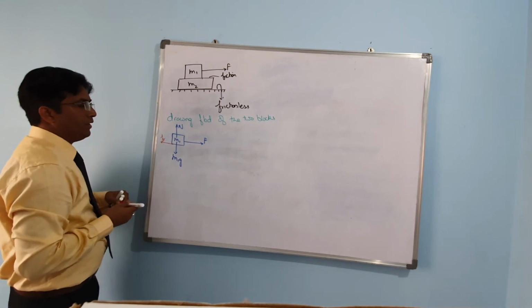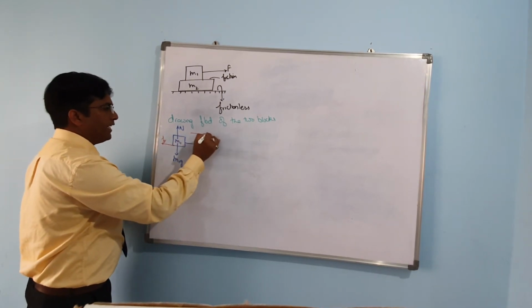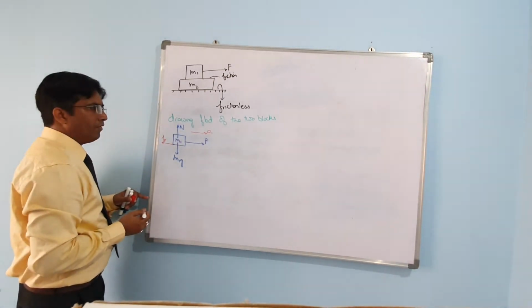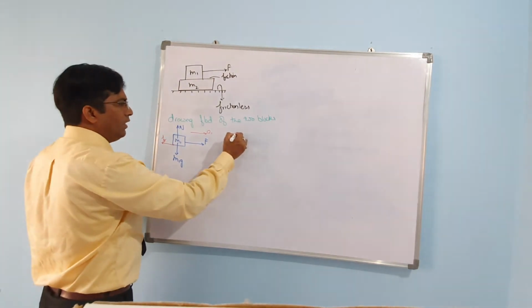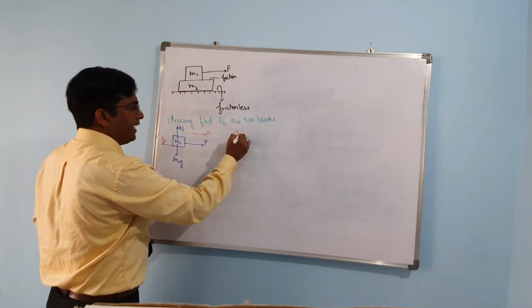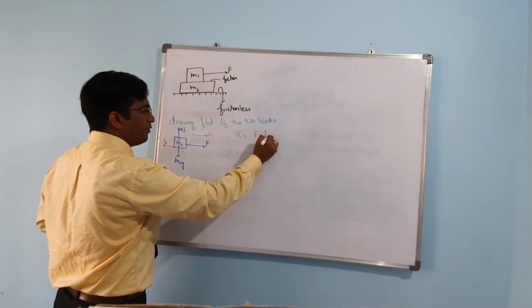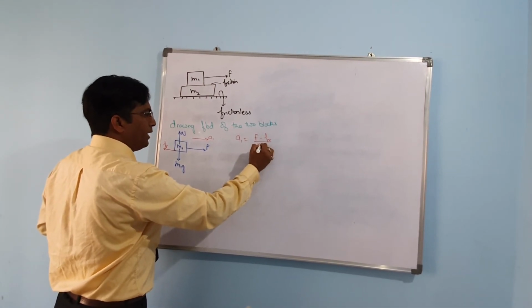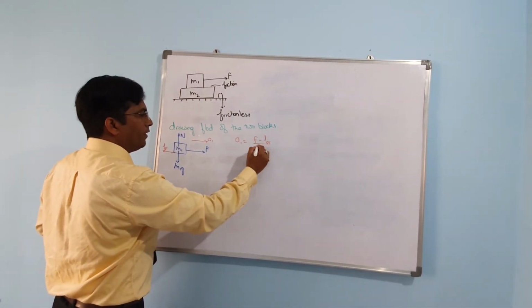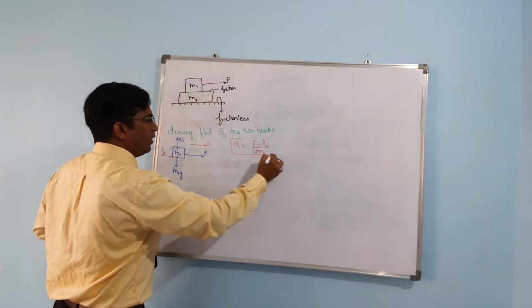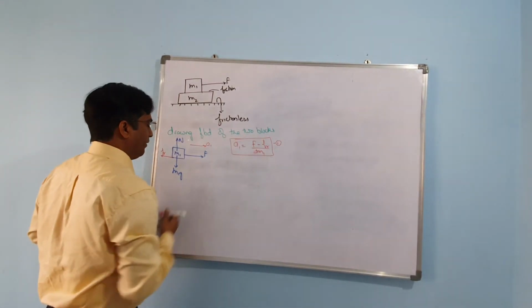Somewhat like this. And because of that, it may get accelerated with an acceleration a1. From the previous knowledge, I can write a1 as F minus Fr by m1. Let's call this equation number 1.